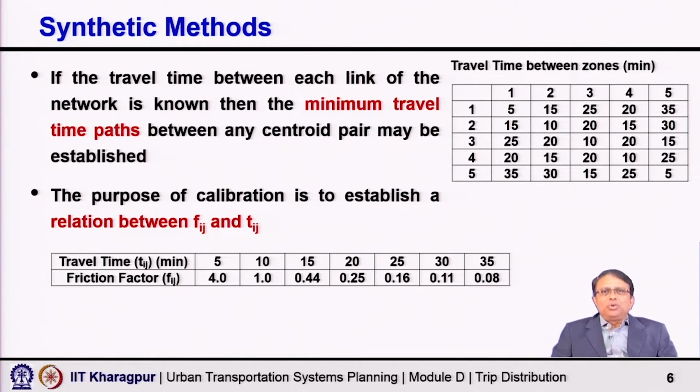Take higher values for lower travel time and lower values for higher travel time, which is logical, that is also fine. If you take just the reverse, lower values for lower travel time and higher friction factor values for higher travel time, that is also fine, it does not matter. Assume something. Once you have done it, then the next step.